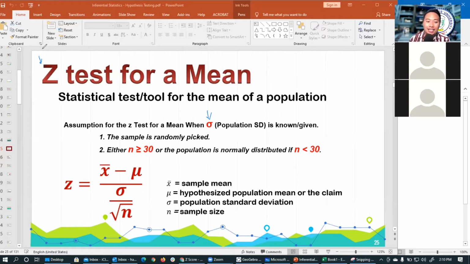And this is the formula for the z-test for the mean. This is kind of familiar to you guys because we covered this before. This is, in fact, the central limit theorem in the denominator there. The x bar is the sample mean. The mu is the hypothesized population mean or the claim. The sigma is the population standard deviation. And lastly, n is the sample size.